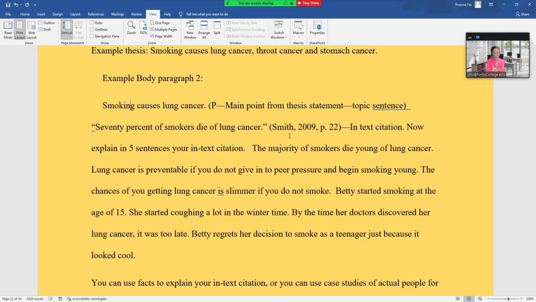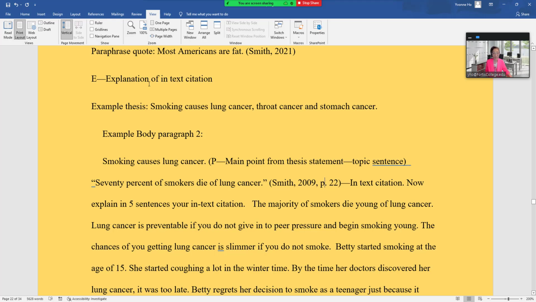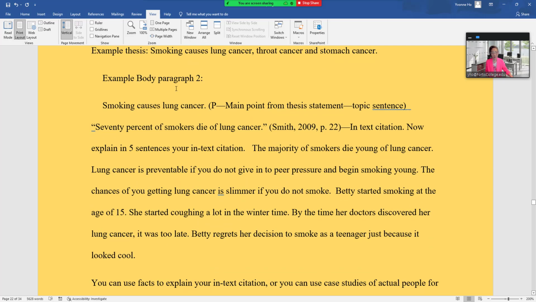I don't want to see any web addresses in my in-text citations. All you need is your author name, date, and page number. Now, after the in-text citation, remember, E is the explanation of that in-text citation in 5 sentences. So if I say 70% of smokers die of lung cancer, that's the in-text citation, then I have my 5 sentences about the in-text citation.